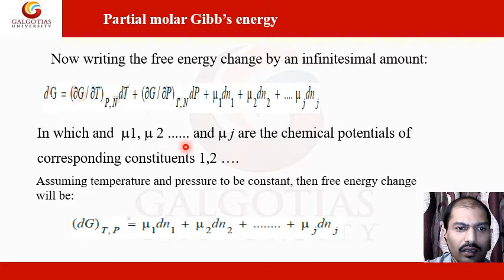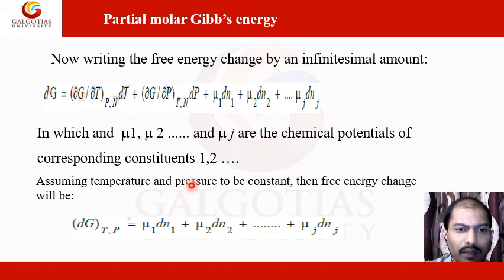So here mu1, mu2 and mu-j are the chemical potentials of the corresponding constituents 1, 2 and so on. We can change this with respect to n1, n2, which is represented here as mu1 dn1, mu2 dn2, where mu is the chemical potential of the corresponding constituent.